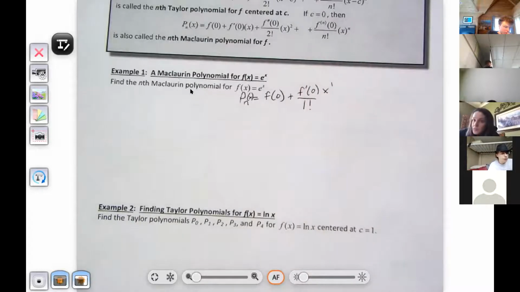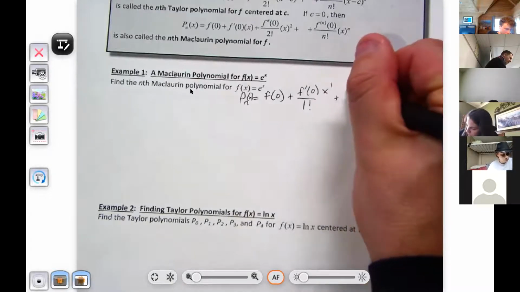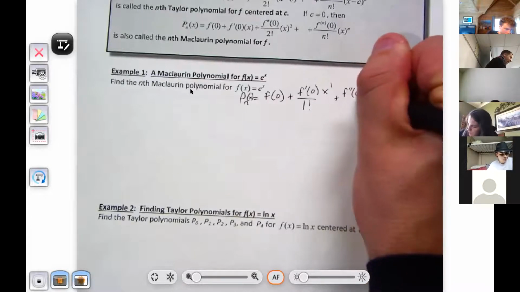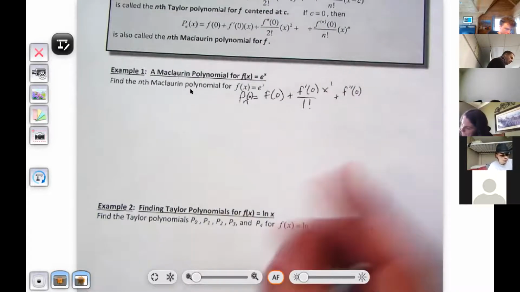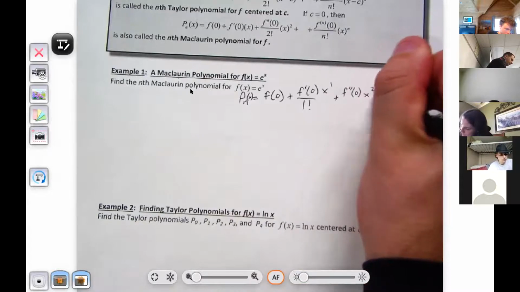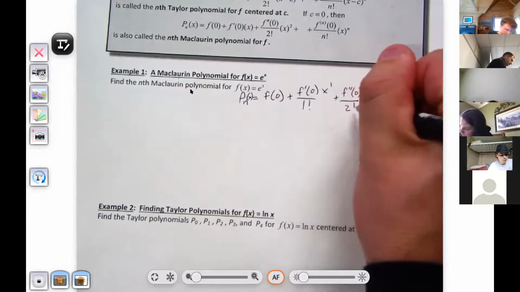Now all that can simplify. You don't have to write x to the first. You don't have to put over 1 factorial, but just to drive that pattern home. Plus whatever f double prime of 0 is. And we're going to find those values, that's going to be our procedure. We're going to find those derivative values times x squared over 2 factorial.